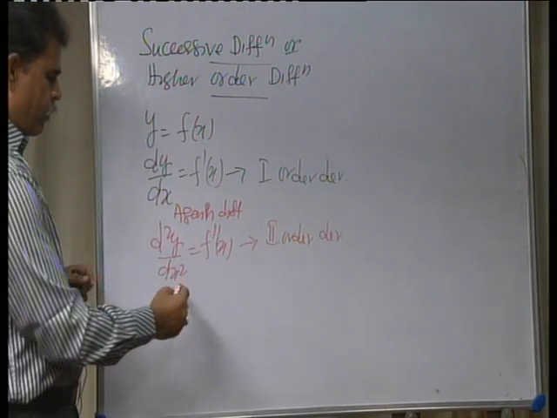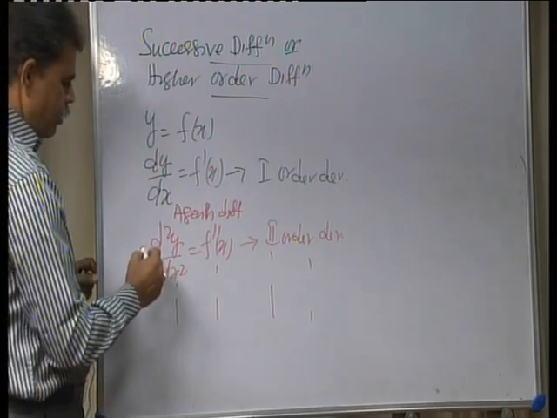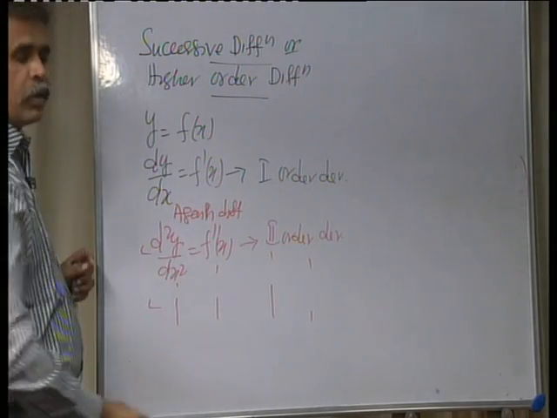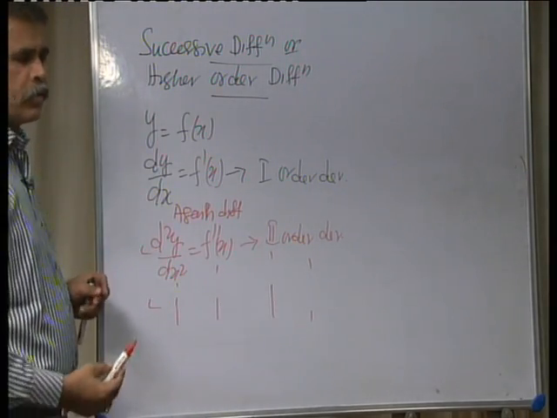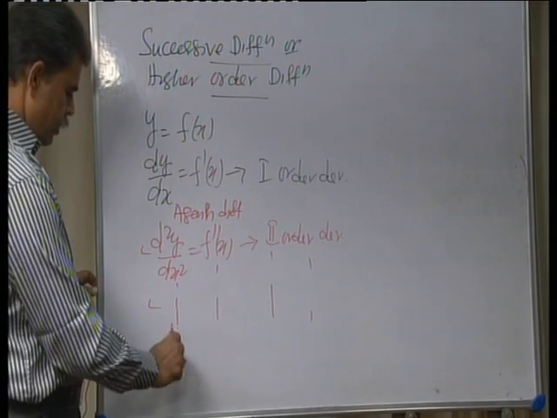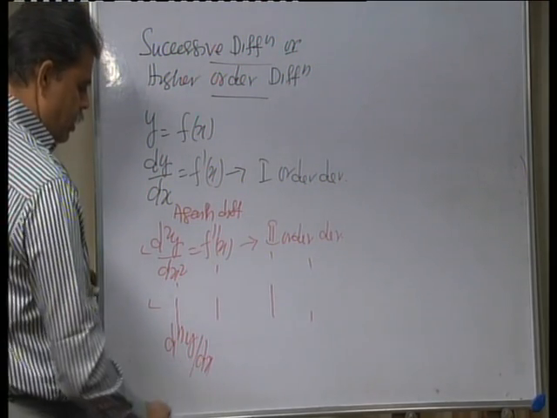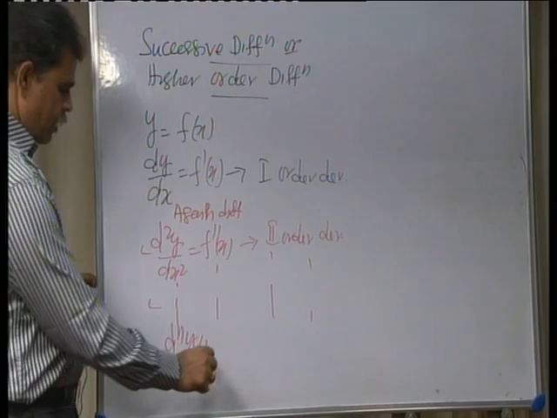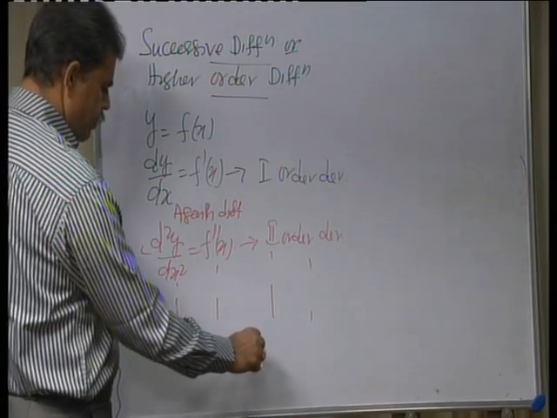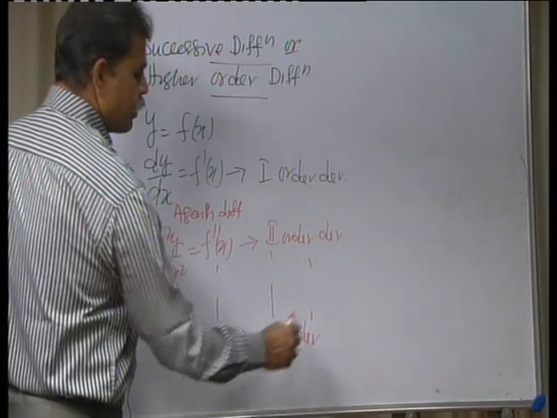Again, if you go for further differentiation, they are the higher order derivatives: d cube y by dx cube, d to the power of 4 y by dx to the power of 4. Finally, you can find nth order derivative, d to the power of n y divided by dx to the power of n. It is nth order derivative.